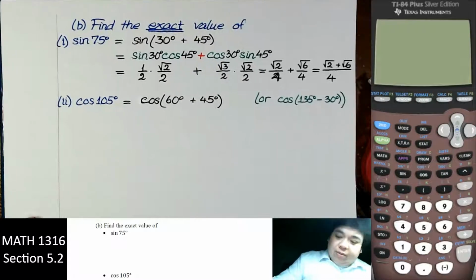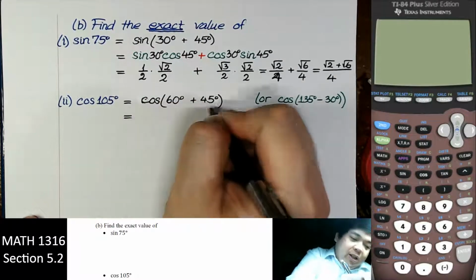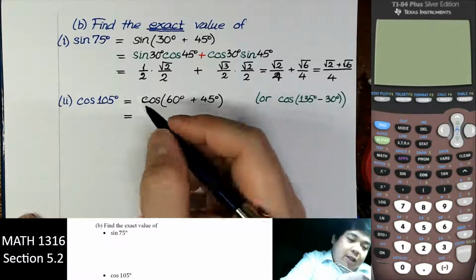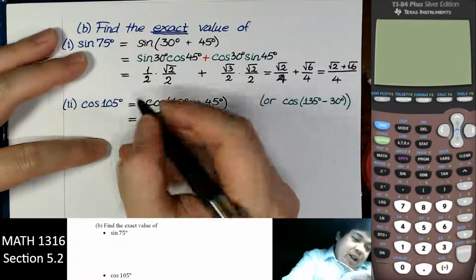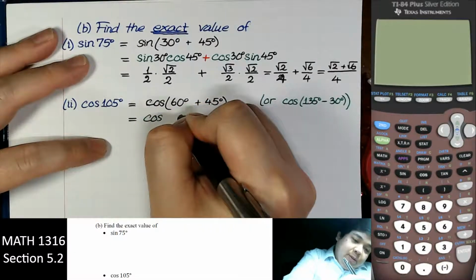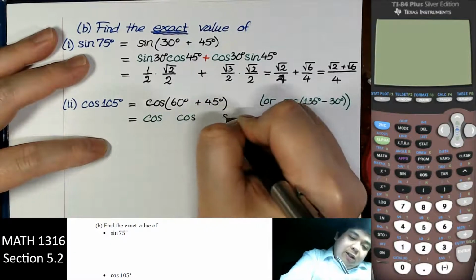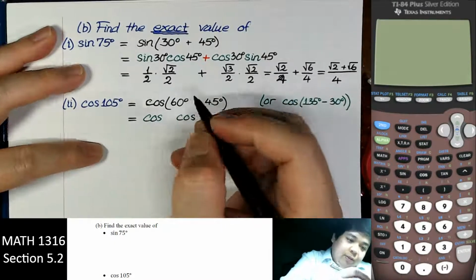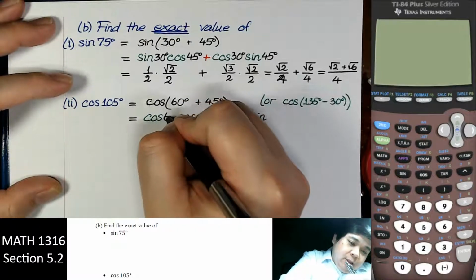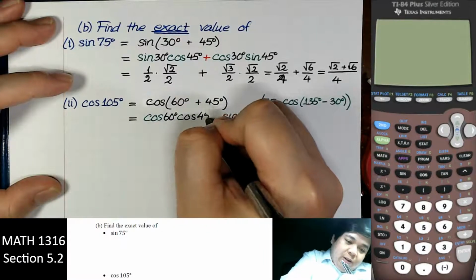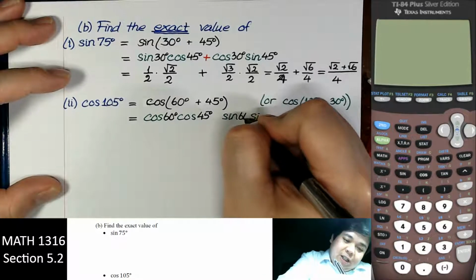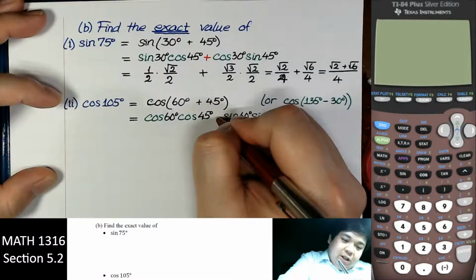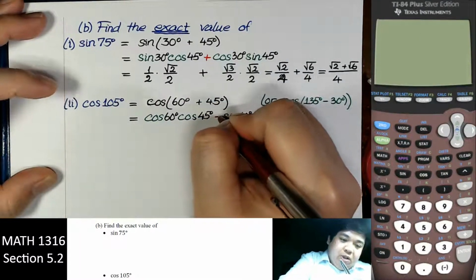Alright, now cosine of that. Cosine, the function will be the same. 60, 45. But in the middle, the sign will be opposite.